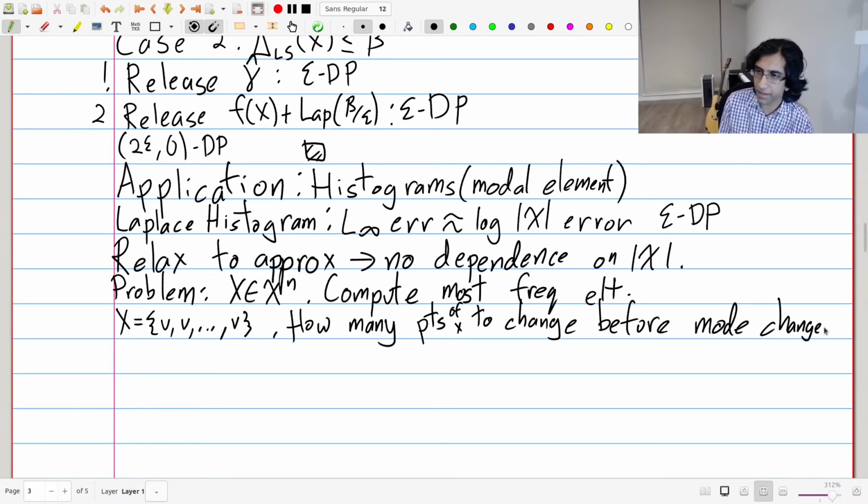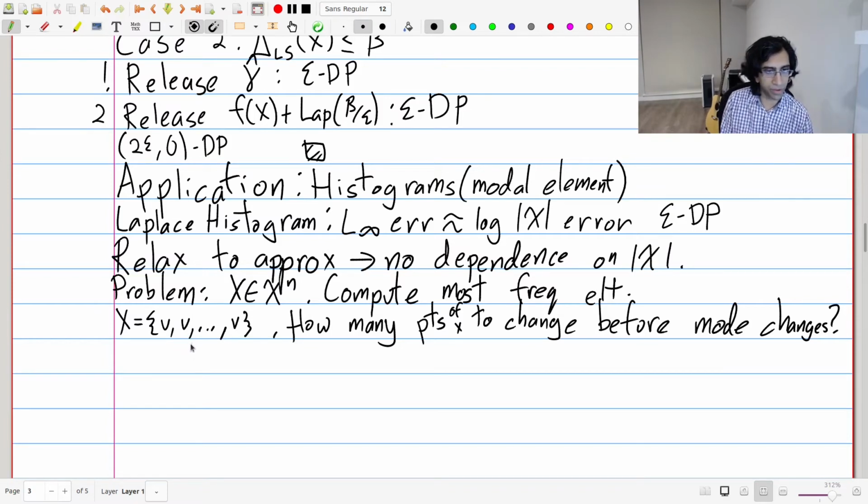By a similar type of argument, by just looking at what the modal element is and what it could possibly change to, this isn't too hard to see if you reason about it a bit. Consider the mode of the data set. The first thing it could swap to besides the mode would be making the second most frequent element into the mode.